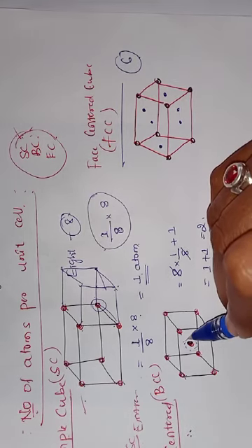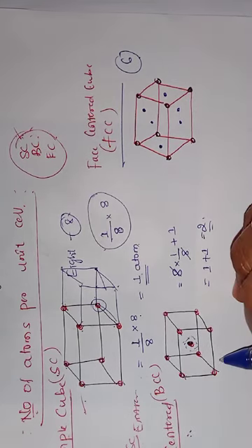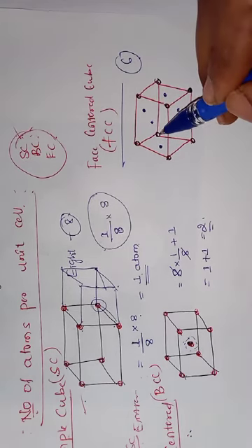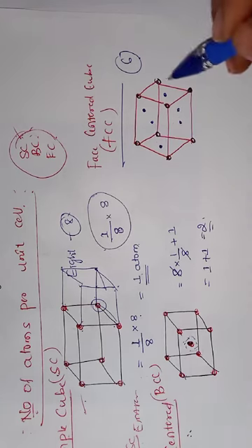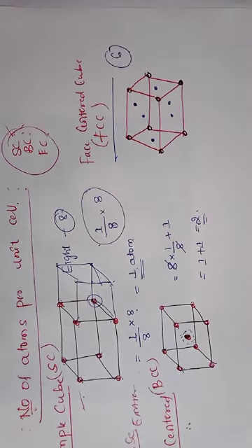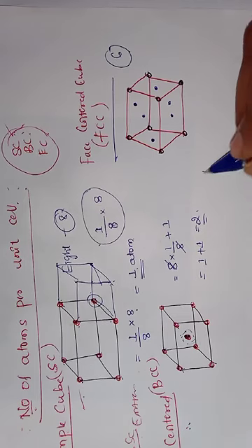Here the atoms are arranged at the corner as well as at the faces. So total how many atoms are there? Let's calculate.